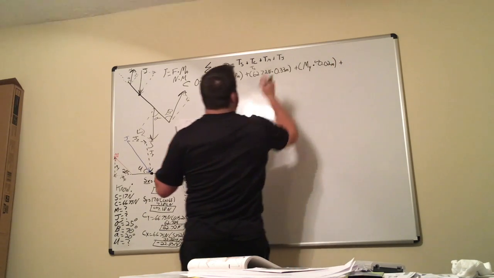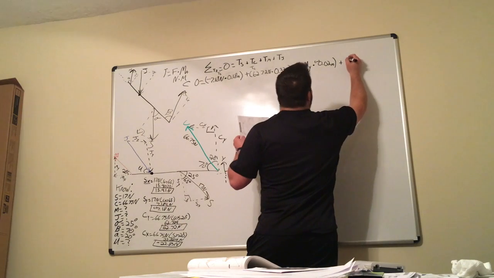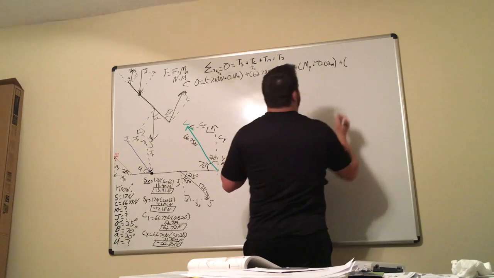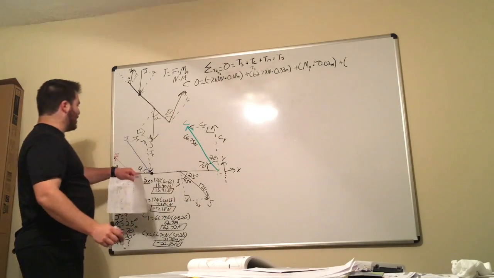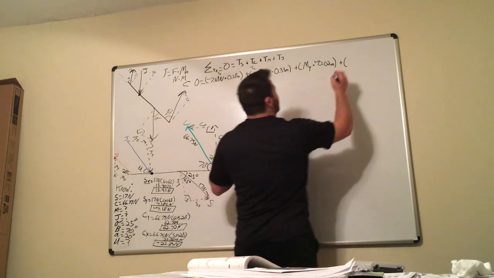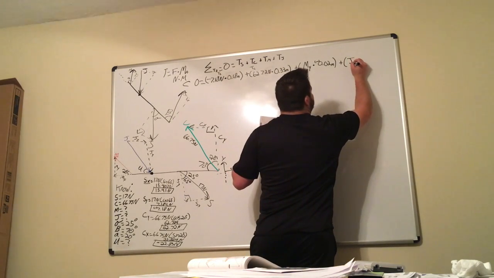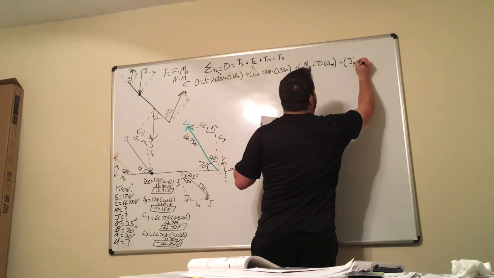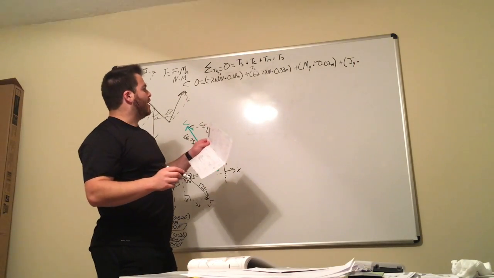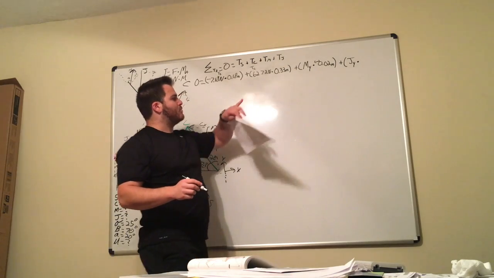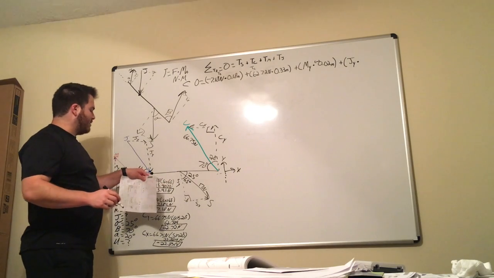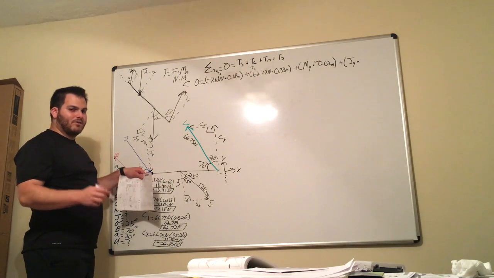Plus our last one, which is our torque of J, and that's going to be our J in the Y direction. Well, J in the Y direction, we also don't know, so we'll want to leave it as J of Y, but it's not going to matter in 2 seconds because of this, times, and a dot is multiplication in case anyone was wondering. I tried to make it very distinctive what the decimal point is. So our J of Y in the direction, well, if we're in the same spot, there's no difference.